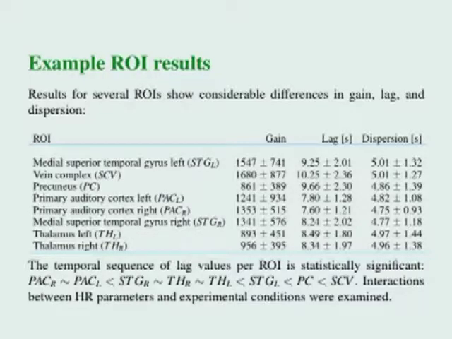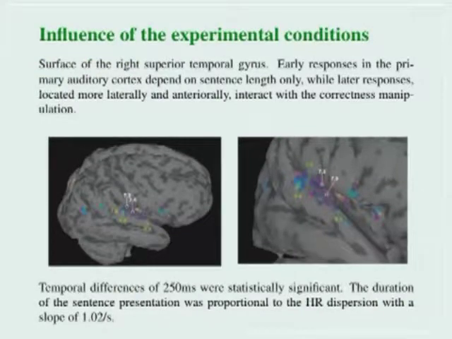Without going into all the bulk of information that you get, I just picked out one example. Here you have a view of the right superior temporal gyrus. You have two areas depicted in white, which are essentially an overprojection with the primary auditory cortex, that come up early with respect to these green areas, which come up, say, about 300, 800, or 1 second later than the areas in the auditory cortex.